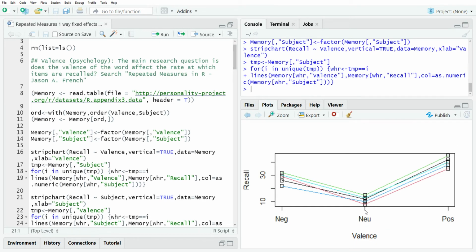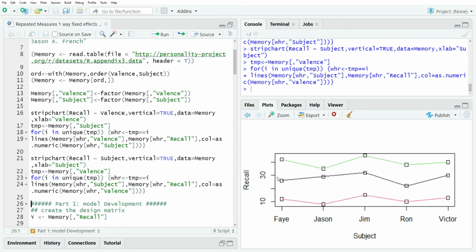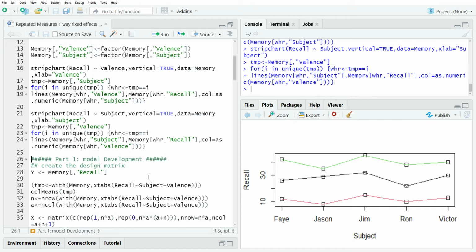Now notice that the neutral valence has the least recall, and the positive valence has the most recall, and a negative valence is the middle one. And we can also plot it by subject, and the red is the neutral valence, black is negative valence, and green is positive valence.